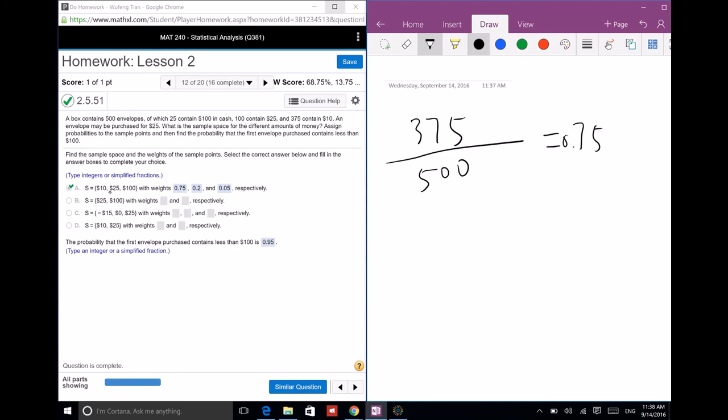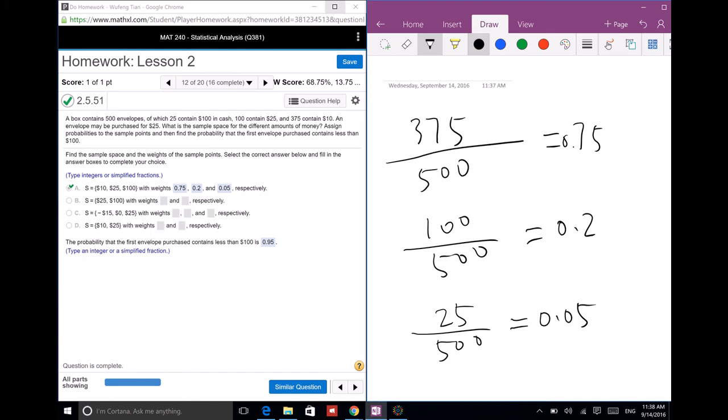And for $25, 100 divided by 500, so you have a 20% chance to get $25. And 25 divided by 500, you have a 5% chance to win the $100.